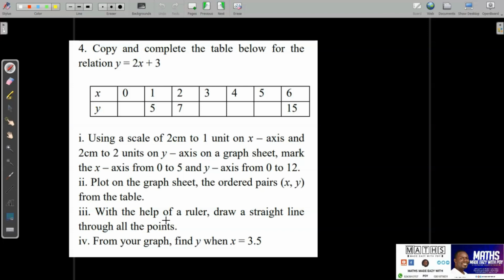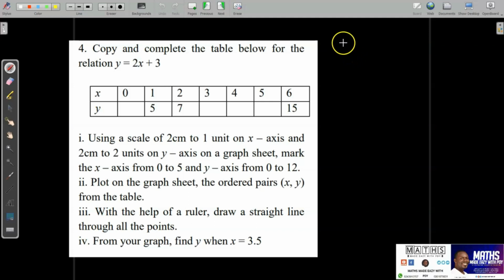So moving forward, there's something I need to add before I move on to today's lesson. What exactly is it? I told you that when it comes to linear graphs, there are two main types of linear graphs that you are supposed to know so much about.